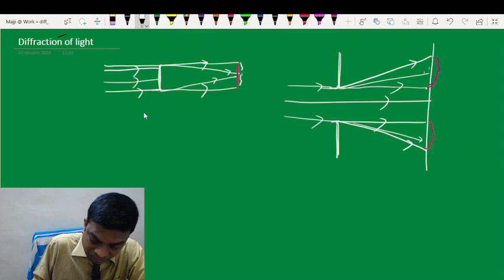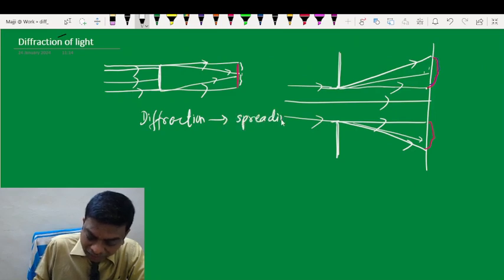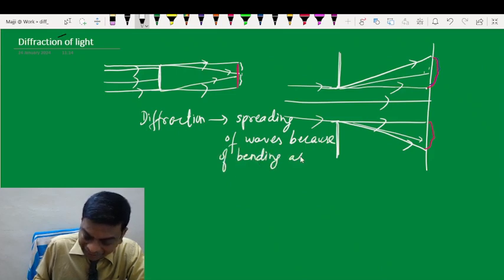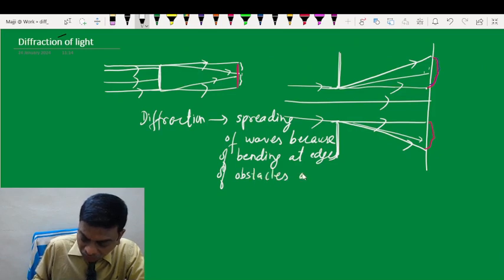So that means, in short, diffraction would mean spreading of waves because of bending at the edges of obstacles or at the corners or even at the edges of openings.